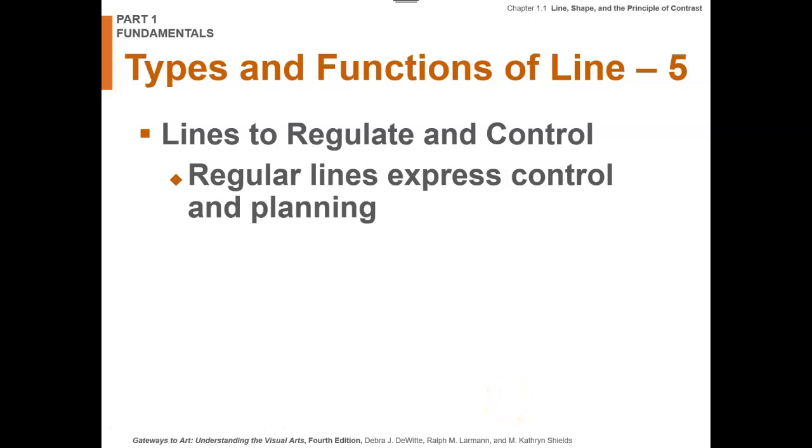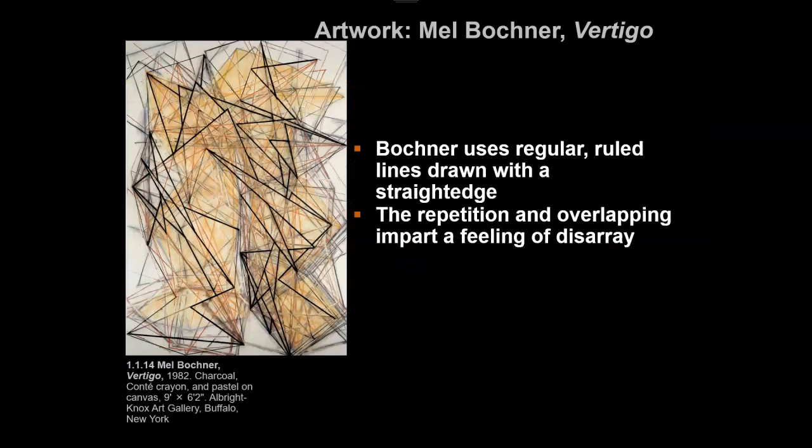Different lines: regular lines express control and planning. If we were looking at regular lines, for example, and they're supposed to represent control and order, here we look at these and it's like, wait a minute, there's a lot of stuff going on here, right?